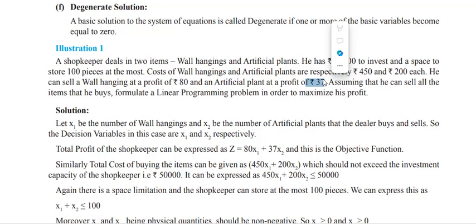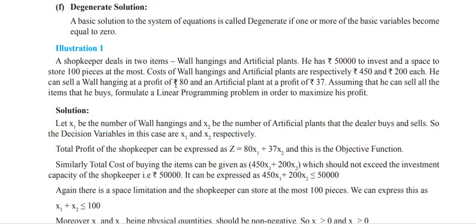So let's suppose you may assume any variable here, x1 or x2, they have assumed. So it is up to your convenience to use x1, x2 or a1, a2, whatever you want. Suppose x1 be the number of wall hangings and x2 be the number of artificial plants that the dealer buys and sells. So the decision variables in this case are x1 and x2, right?